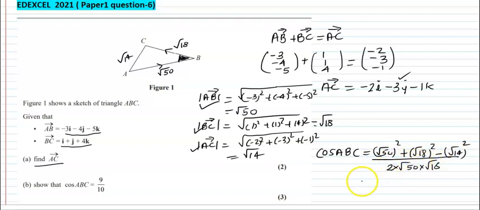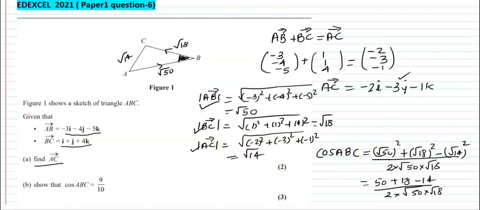So this should be 50 plus 18 minus 14 over 2 times root 50 times root 18. Once we simplify, we get 27 over 900. So it should be 27 over 2 times root 900.